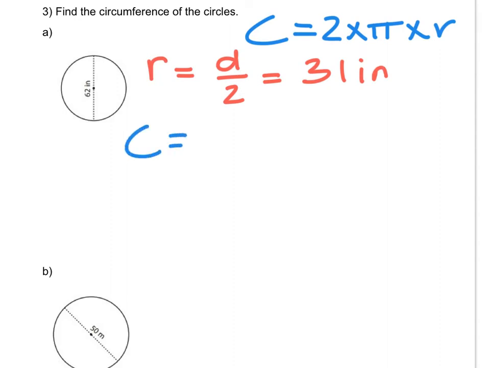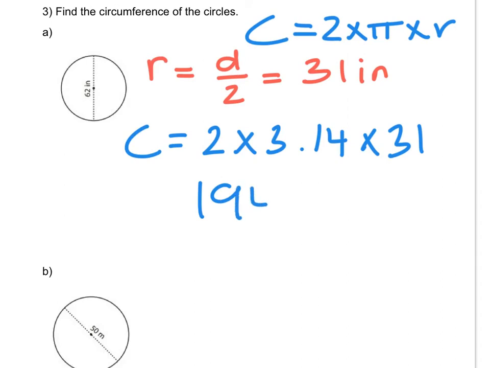So the circumference is 2 times 3.14 times 31. On the calculator, it's going to give you 194.68. And that's inches in this one.